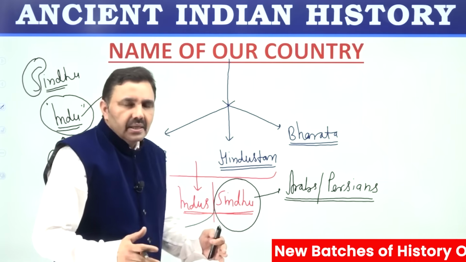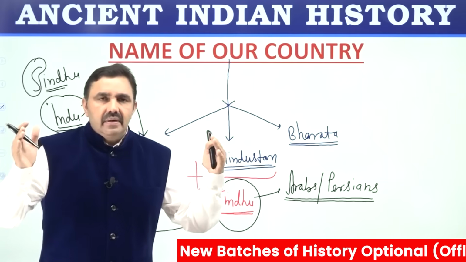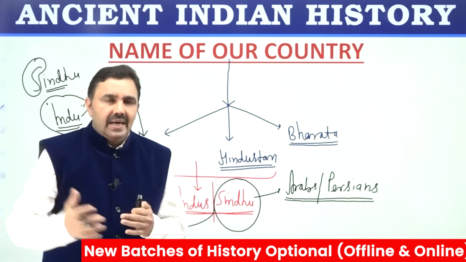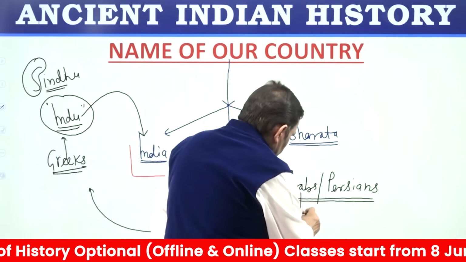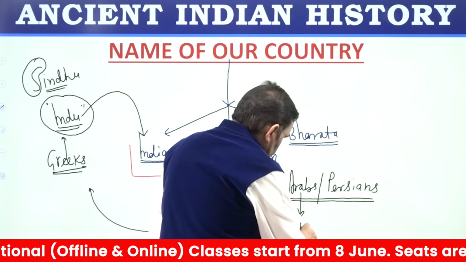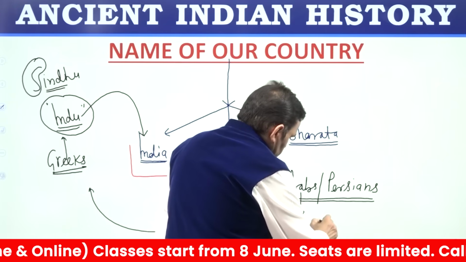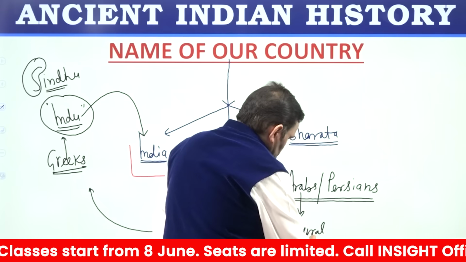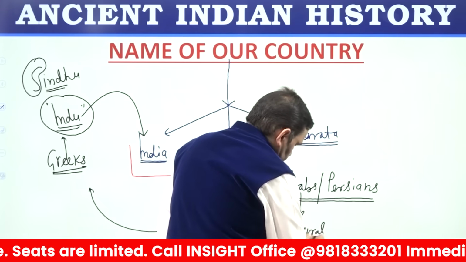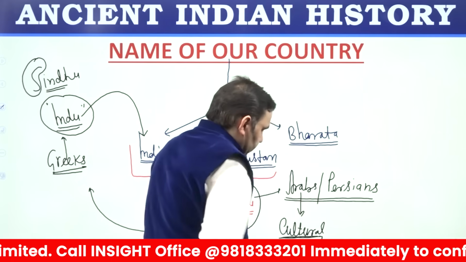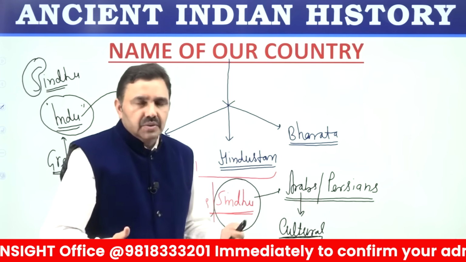So Persia is the name of a country, the name of a land. Arab is the name of a cultural group. Those people who used Arabic language were known as Arabs.